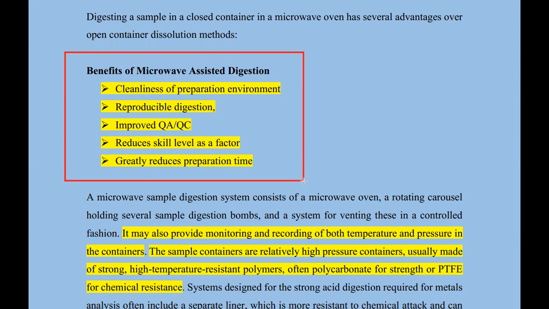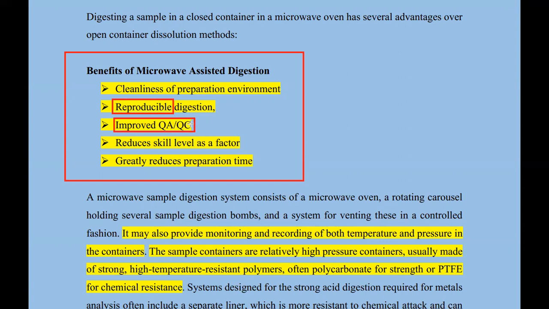Reproducibility is a term that talks about the fact that when two people are carrying out investigations on one sample, they should be able to produce the same results over and over. So now, once this acid digestion is performed on the sample, you find that quality control and quality assurance are improved.